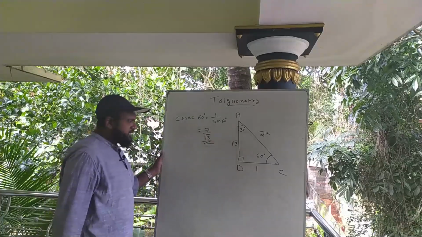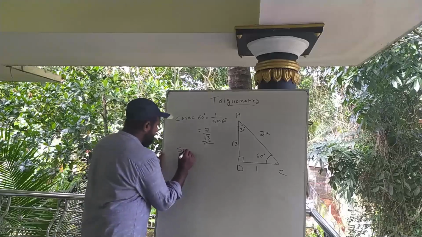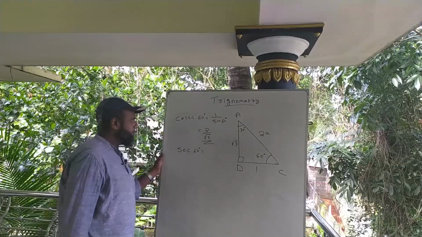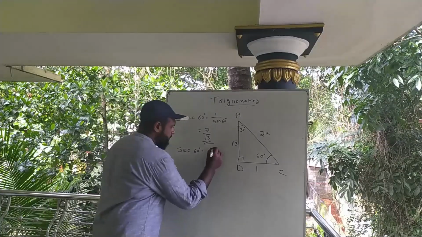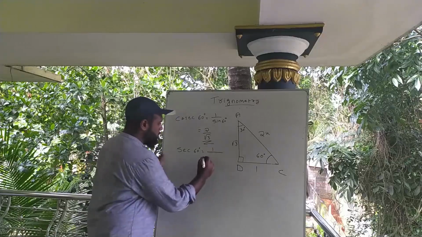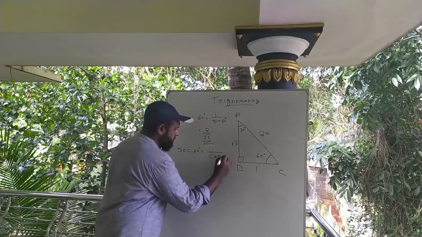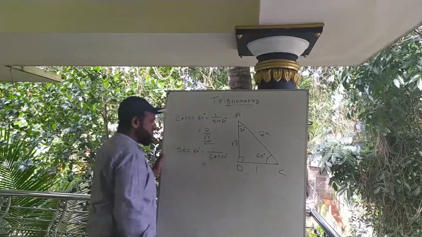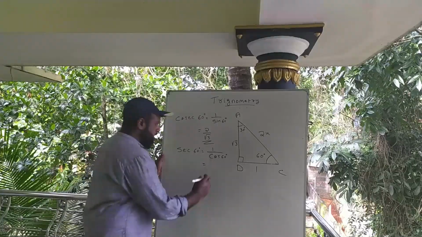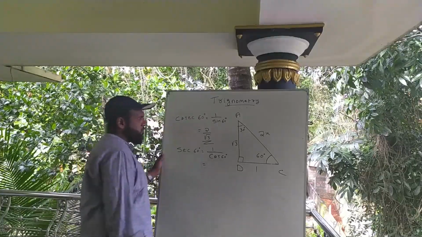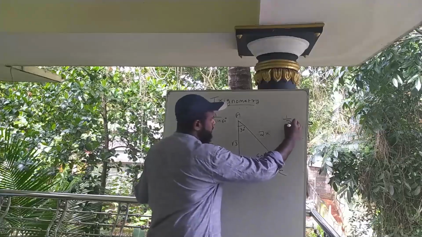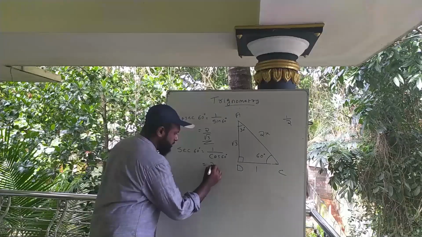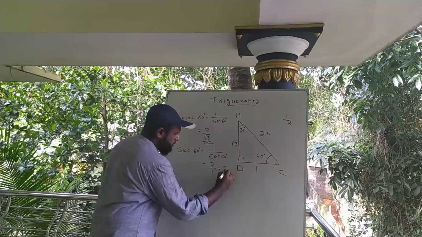We can find what is sec 60. Sec 60 equal to 1 by cos 60. What is cos 60? Cos 60 equal to 1 by 2. So, sec 60 equal to reciprocal of 1 by 2 equal to 2 by 1 equal to 2.